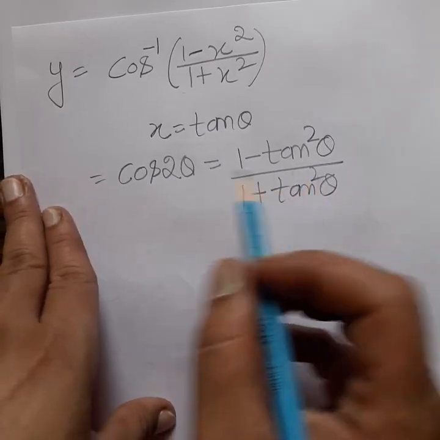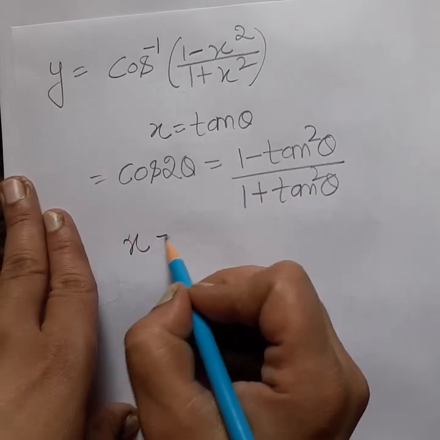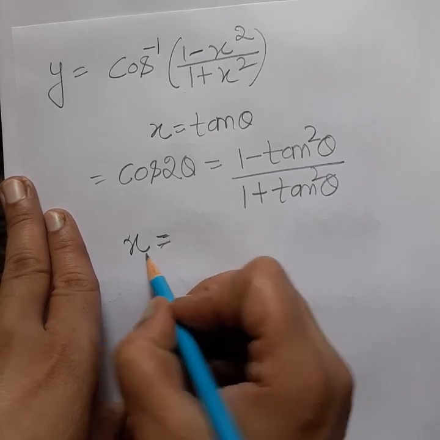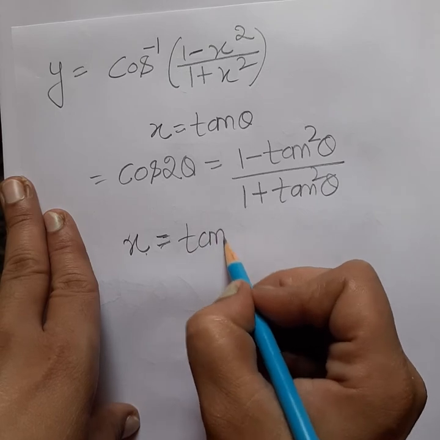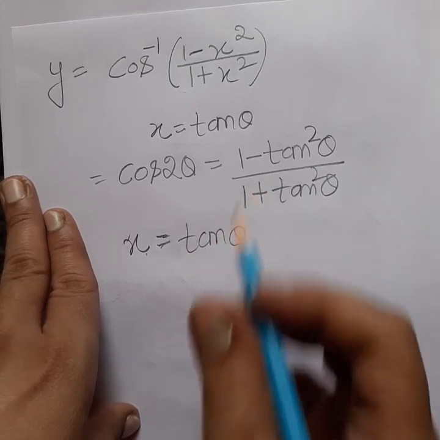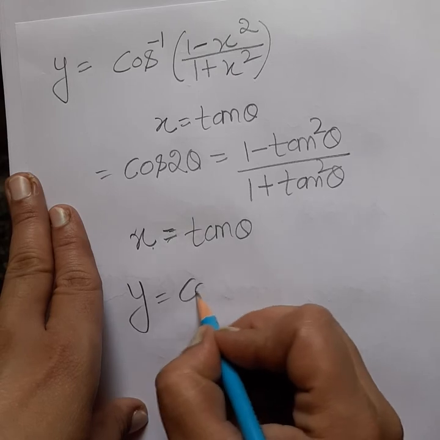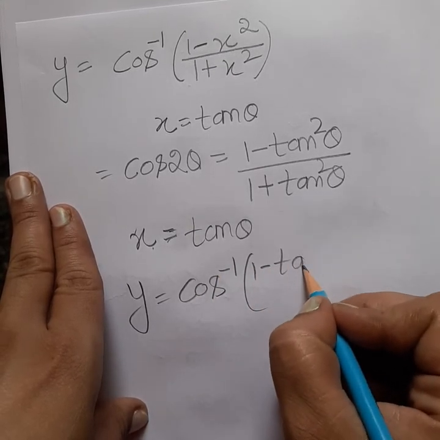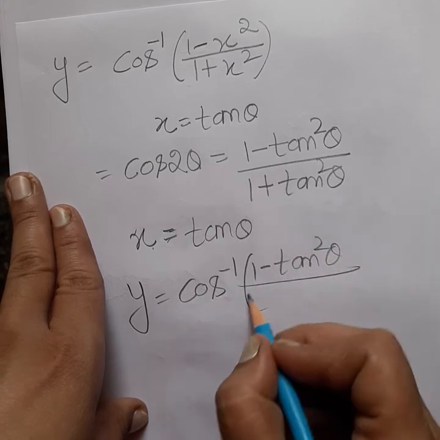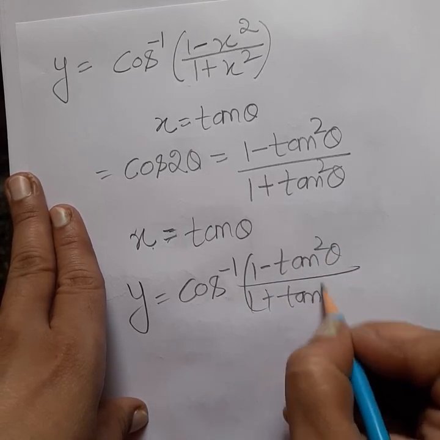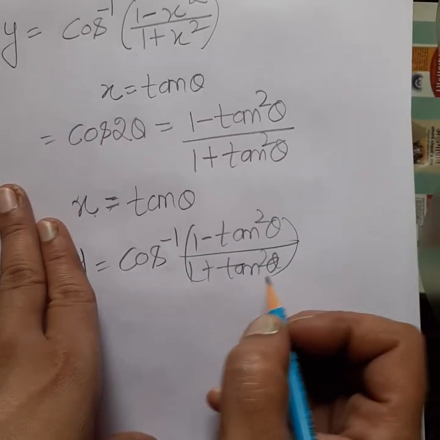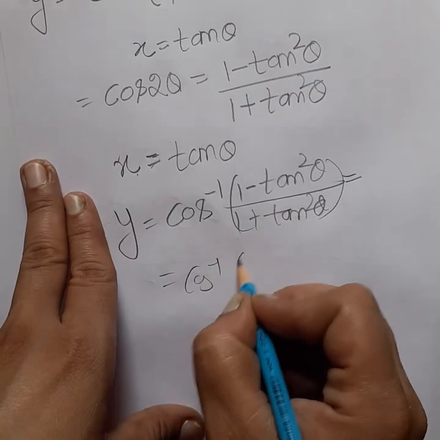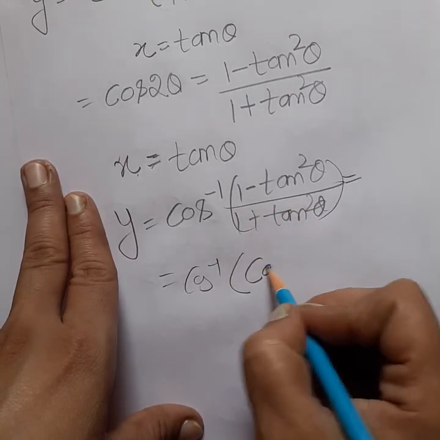Now, as we did in the previous question, we put x is equal to tan theta, and you write here y is equal to cos inverse of 1 minus tan square theta upon 1 plus tan square theta. Now you get cos inverse cos 2 theta.